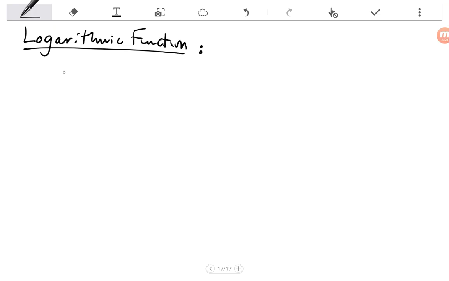So if I had y equal to a power x, what is the inverse of this function? It is called y equal to log to the base a of x.